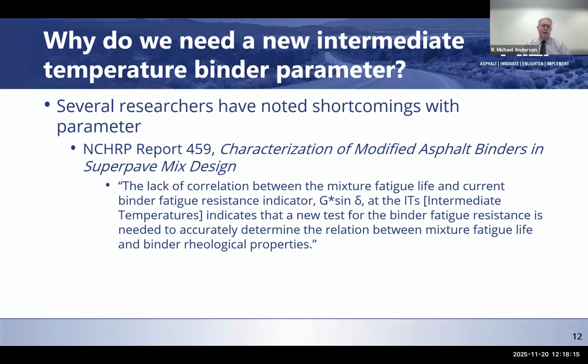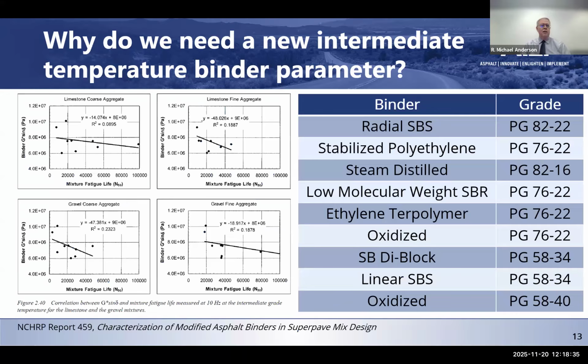They talked about the lack of correlation between mix fatigue and binder fatigue at intermediate temperatures, and the need for something else that addressed fatigue resistance better. In this case, they were looking specifically at modified asphalts, but still we're seeing some questions about how that worked. This is just an excerpt from NCHRP Report 459.